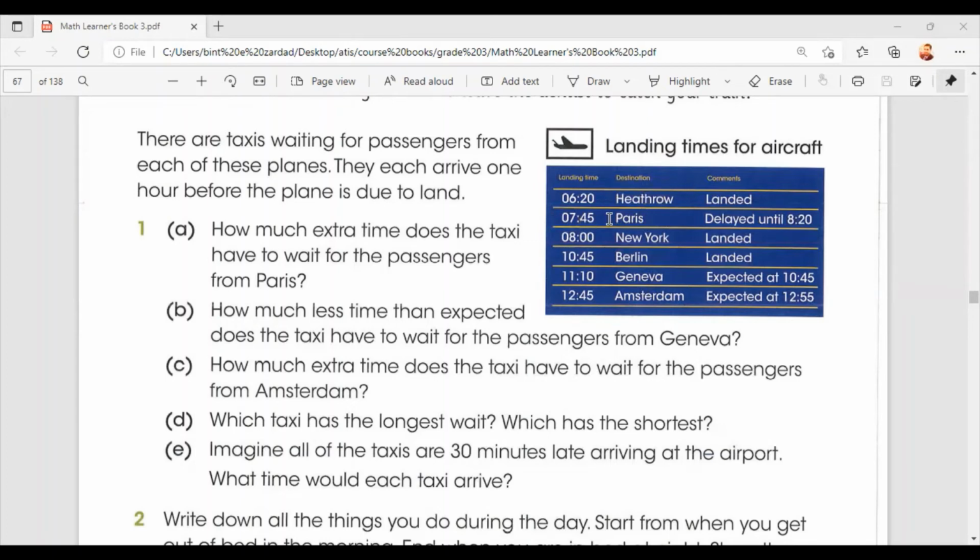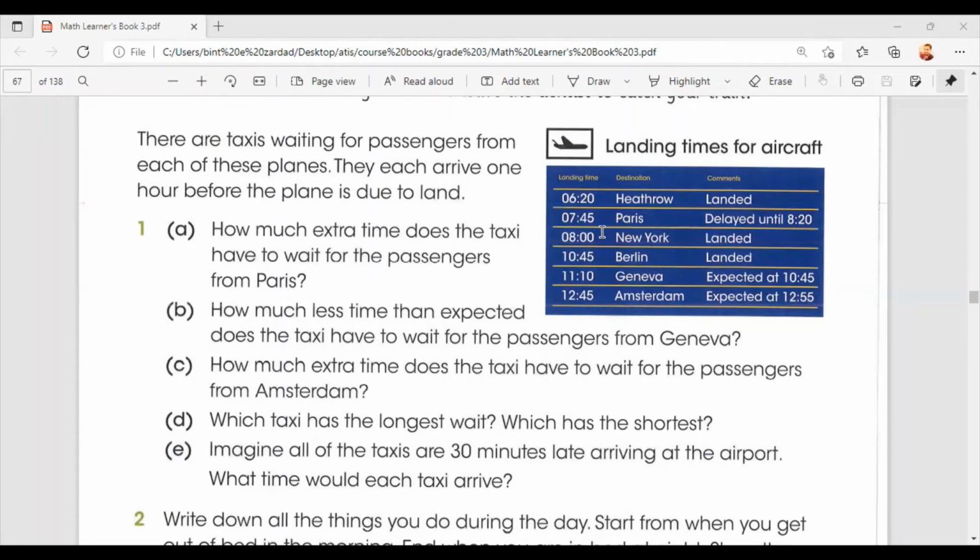So, Paris. How much time? The landing time is 7:45, but it's delayed until 8:20. From 7:45, 15 minutes to 8 o'clock, and after 8 o'clock, 20 minutes more.